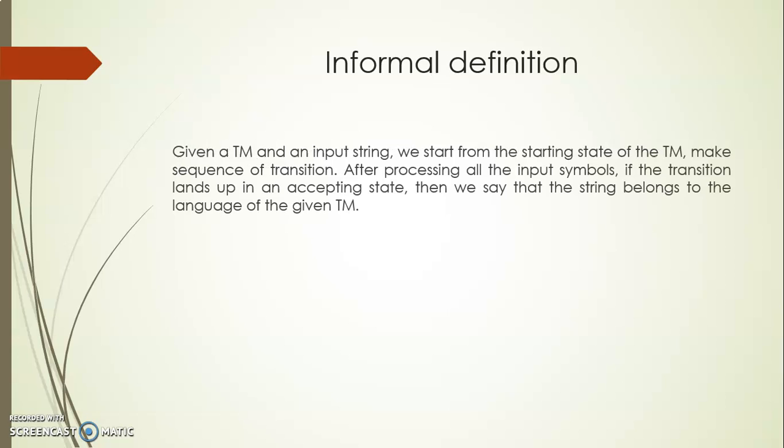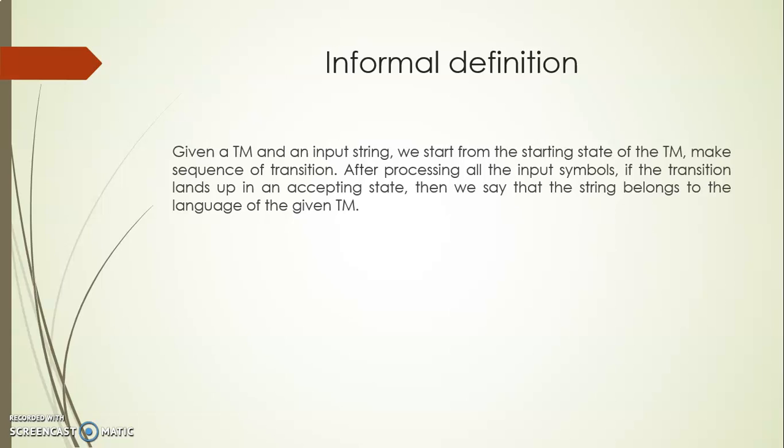Okay, fine. Now we know the name for the language accepted by the Turing machine. Now we know that a language is nothing but a collection of strings, right? And strings are nothing but a collection of symbols. I say that a string belongs to a language of a particular mathematical model when the following condition gets satisfied. Given a string, I'll start my move or transition from the starting state.